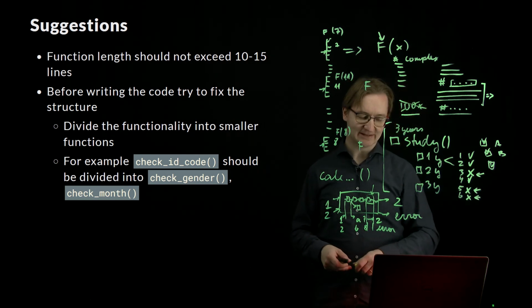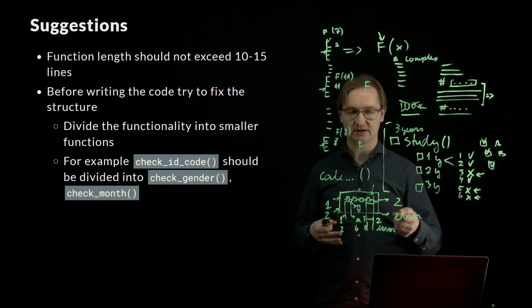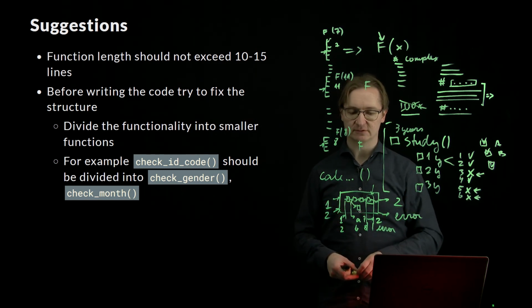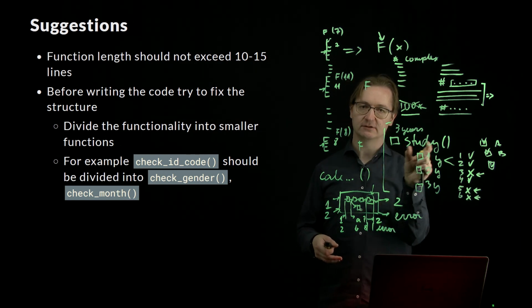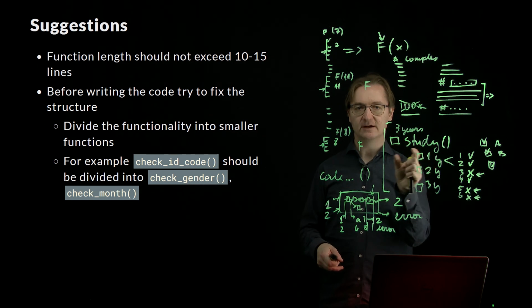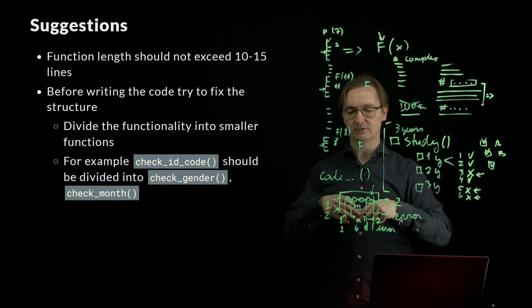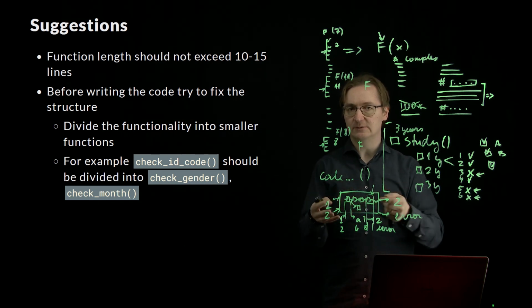Then instead of having one function which checks the ID code, which is also hard to test, in a sense that the ID code usually contains different parts, and every part has different rules. So if I see that the ID code is invalid, it's very hard to see why.